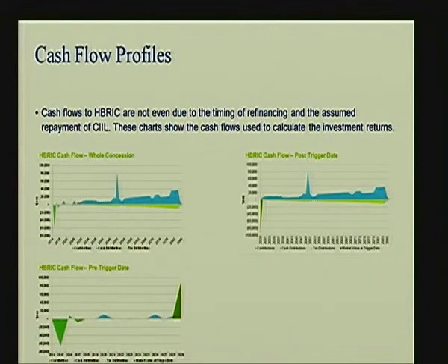Thereafter you've got returns coming in, and this is under the base case scenario. In those early years you have quite low and small returns coming through. If you look down to the bottom left, that's a slight increase in size on the period up until 2029, which is what we determined to be the trigger date. The trigger date is effectively the date at which you reach full uptake and start exiting CII, the Crown irrigation, sorry.